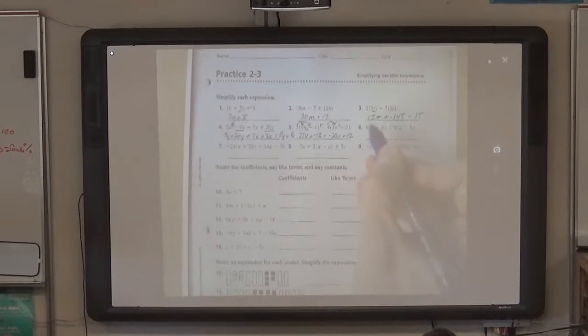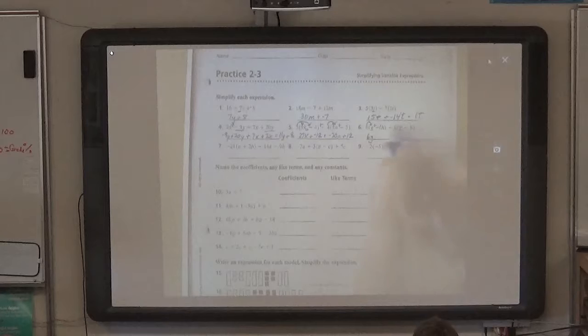Number 6. 6 times g equals 6g. Put the plus sign in front of the minus sign. 6 times -1h. Remember, anytime there's not a number in front of it, it just means that it's a 1.